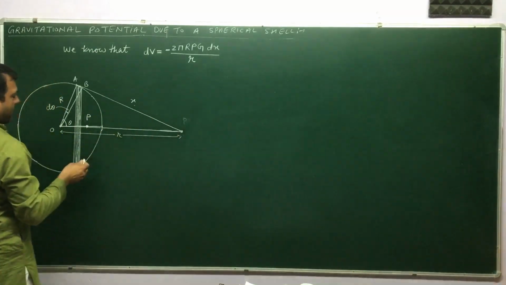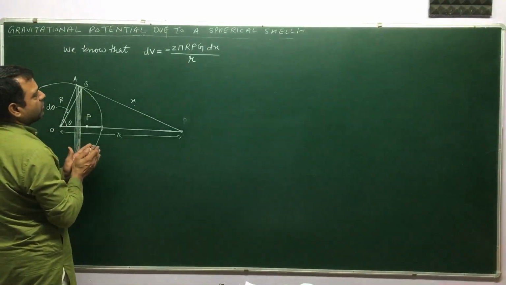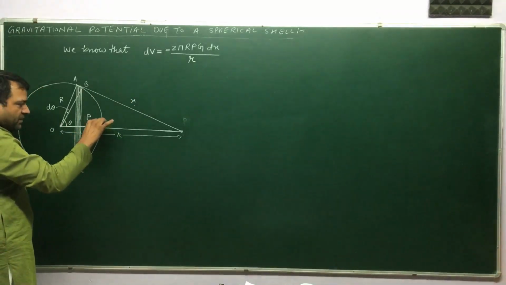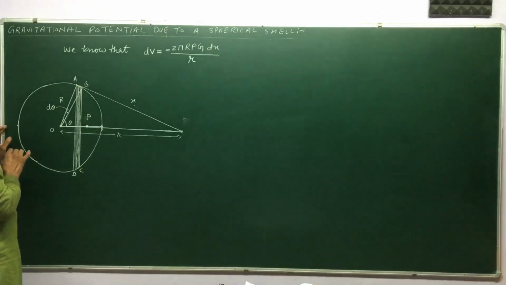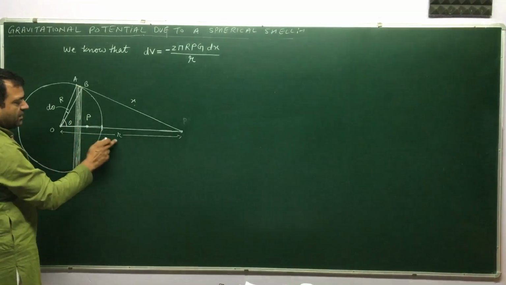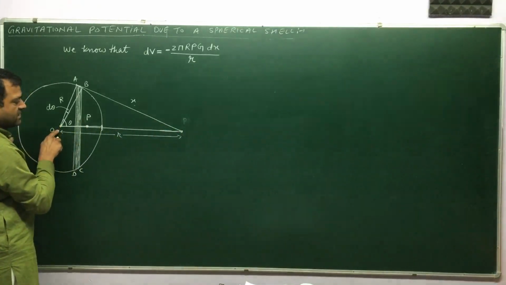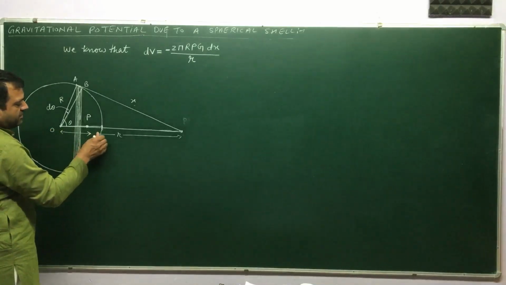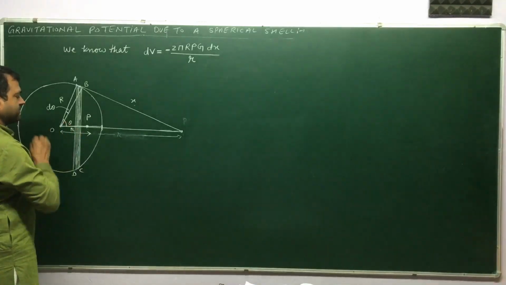Now for doing integration, we have to consider this distance from point P to that one. And r was the distance from the point P to the center of the shell. In this case, this one is our lowercase r.